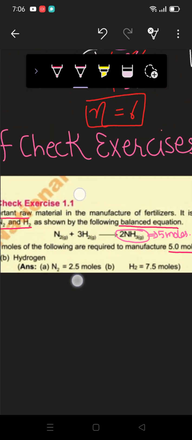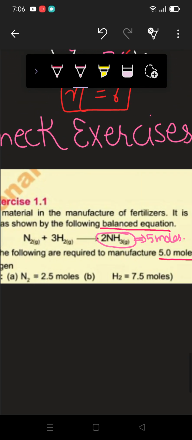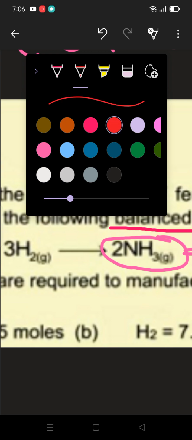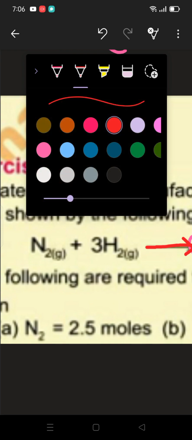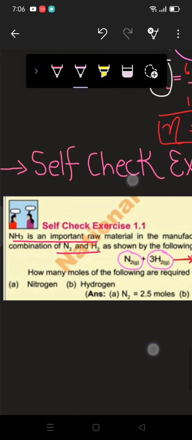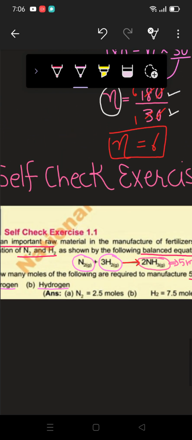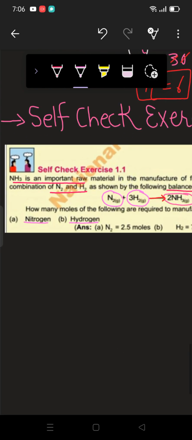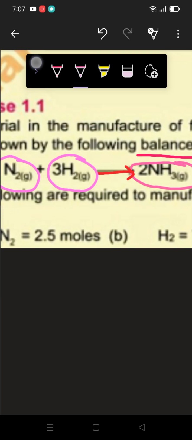We need to find the moles of these which are required to produce 5 moles of this molecule. So we need to find the moles of N2 and the moles of 3H2. Initially we find the moles of nitrogen, then the moles of hydrogen.